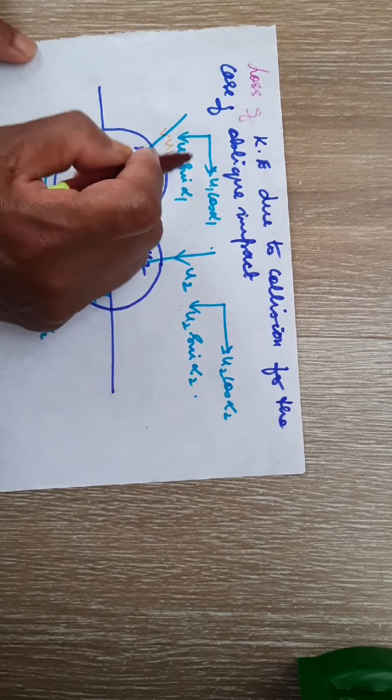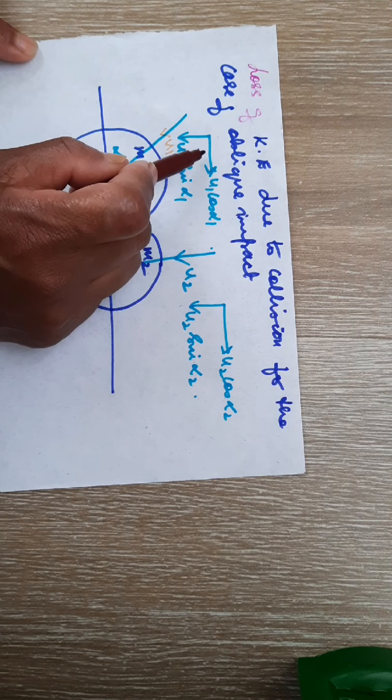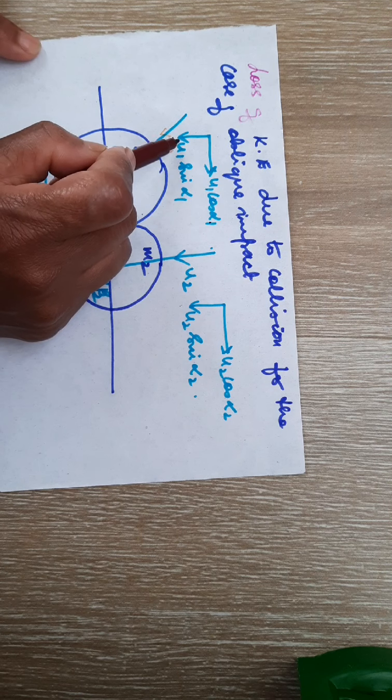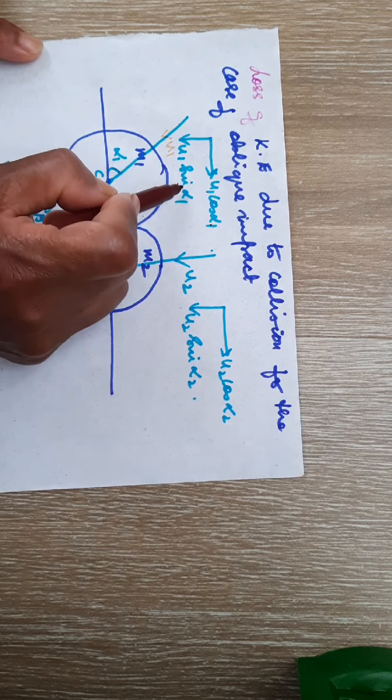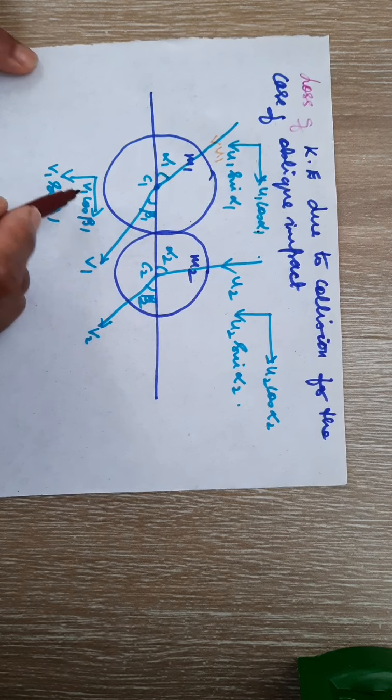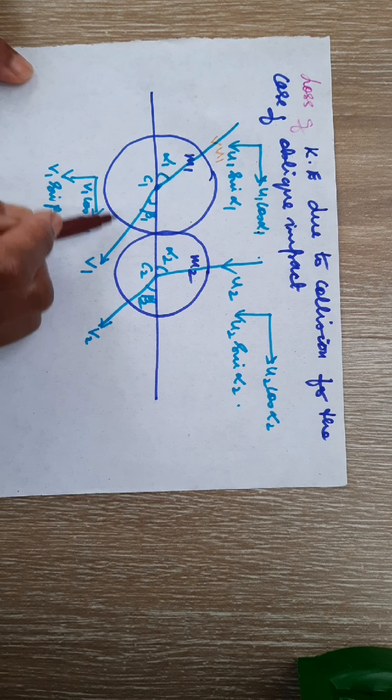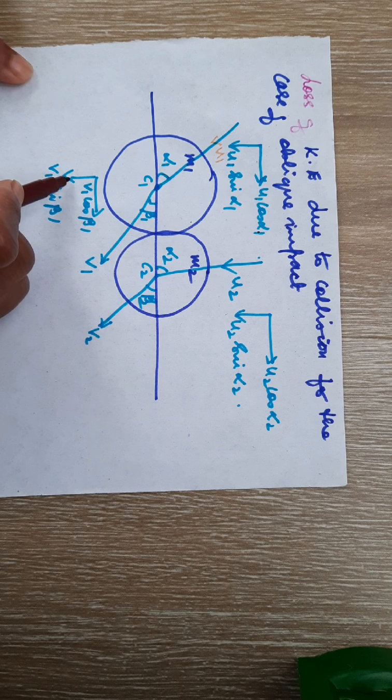Now the component velocity of the first sphere before impact along the line of centers will be u1 cos alpha 1. Perpendicular to the line of centers, it will be u1 sin alpha 1. Similarly, after impact, the component velocity of the first sphere will be v1 cos beta 1 along the line of centers, and perpendicular to the line of centers will be v1 sin beta 1.